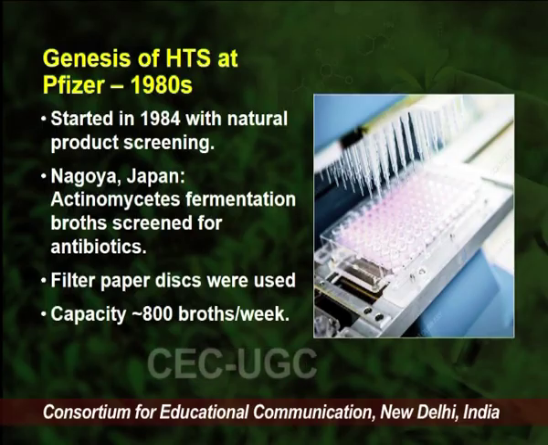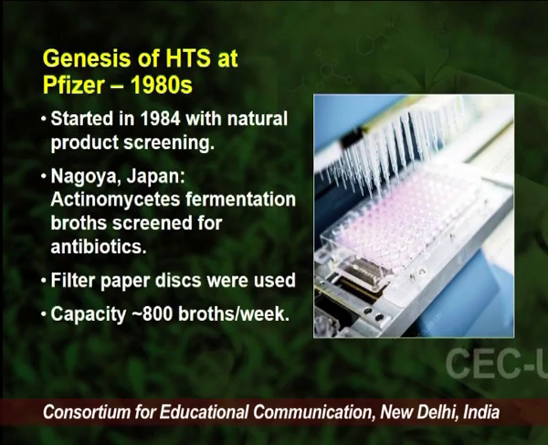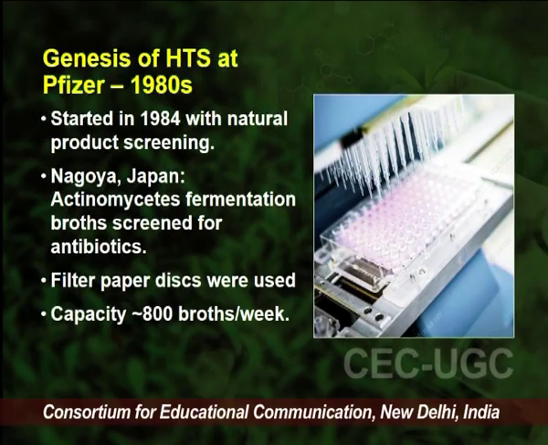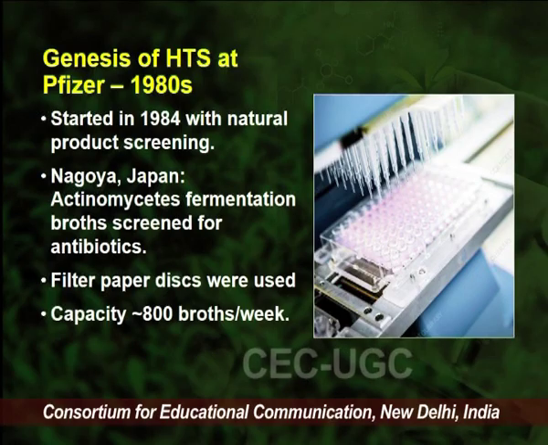And this need basically laid the foundation for the development or genesis of high throughput screening. And it all started in 1984 when in Japan scientists were screening bacterial colonies for the production of antibiotics. And we know that the traditional screening methods on agar plates or other methods took a long time to screen the bacterial colonies.